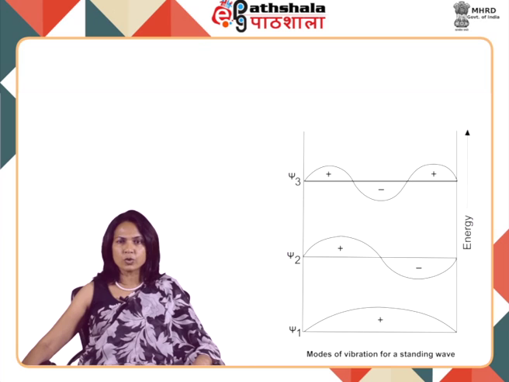For psi 2, the amplitude increases to a maximum, decreases through 0, this is called a node, to a minimum and then back to 0 again. Thus here a change in phase of the wave occurs as it passes through the node, goes to the minimum and then comes back to 0 again. In psi 3 there are two nodes and the phase of the wave changes twice.